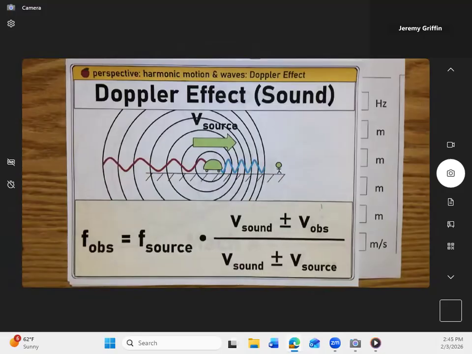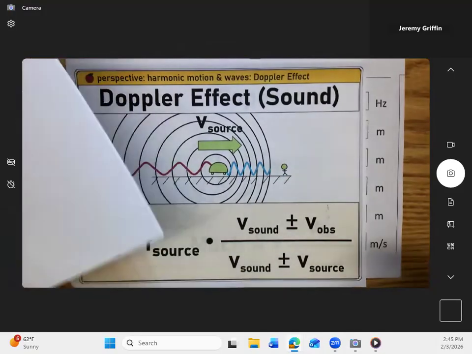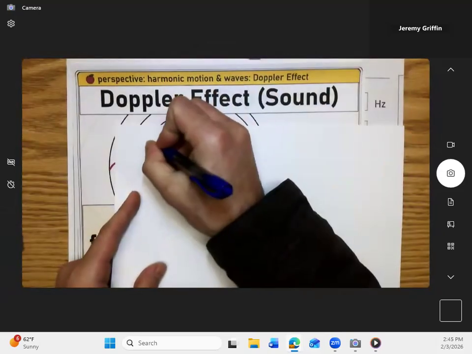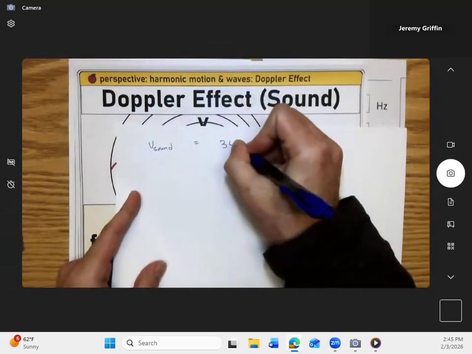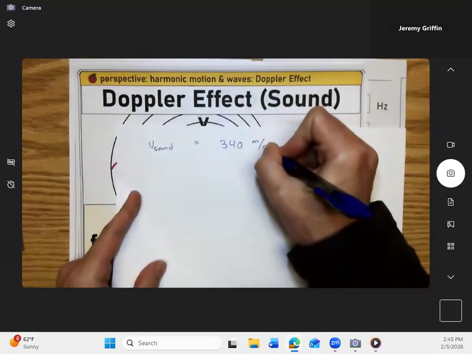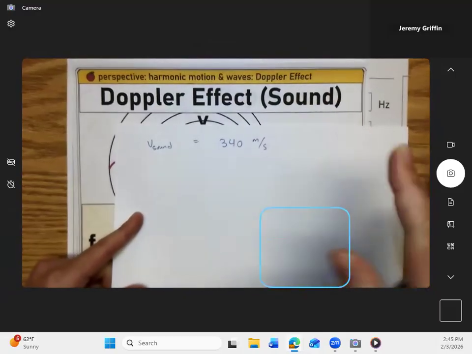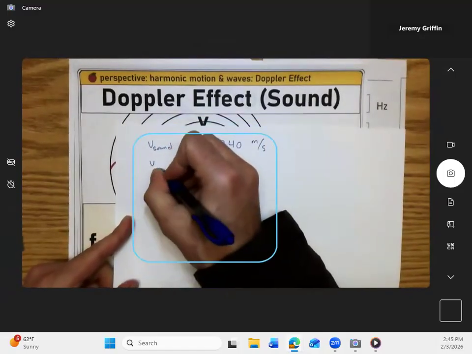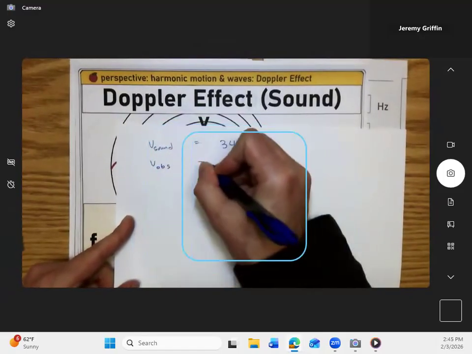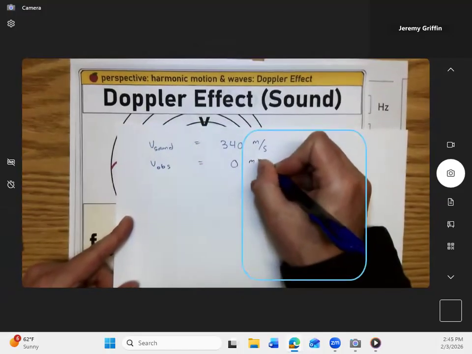So let's throw some numbers at this. I'll give you the speed of sound, approximately 340 meters per second. That does depend on the temperature and the pressure, but that's a commonly used round number. Let's say the velocity of the observer is zero, he's just standing there.